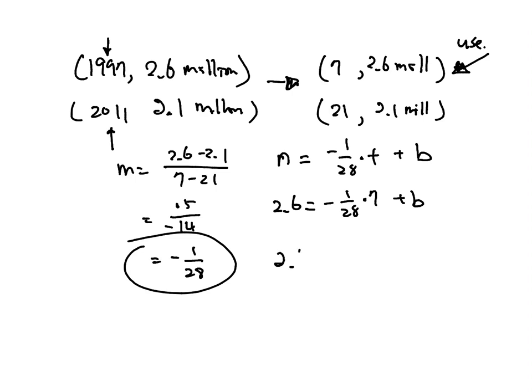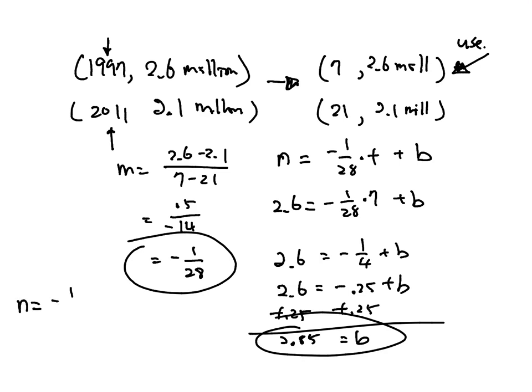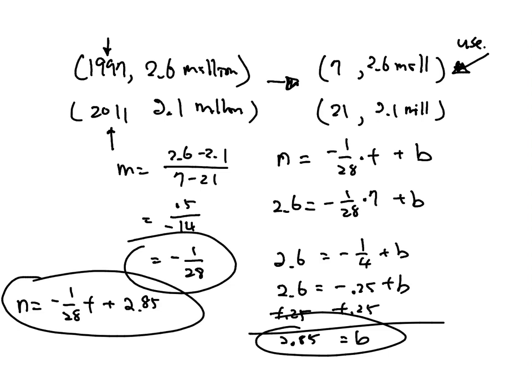So 2.6 equal negative 1 quarter plus b, which is the same as 2.6 equal negative 0.25 plus b. Add 0.25 on both sides, you get 2.85 equal b. So n equals negative 1 over 28 t plus 2.85, and that will be our answer.